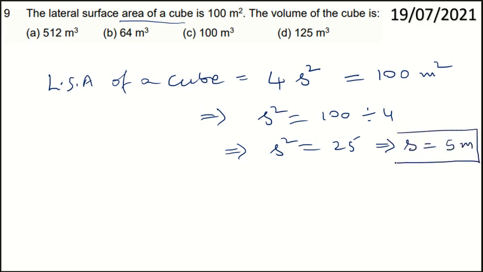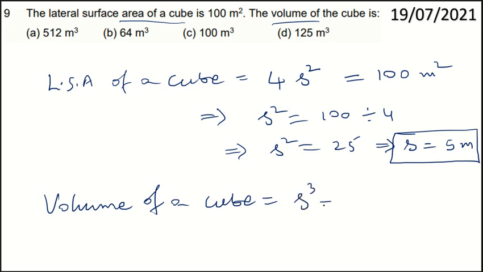When the side is 5 meter, we have to find the volume of the cube. The volume of a cube is side cube, that is 5 meter whole cube, which is 125 meter cube. So, the right option is D.